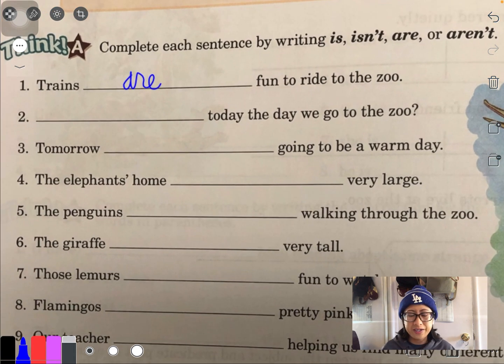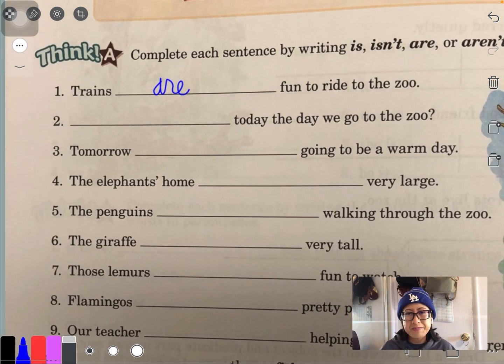I kind of want to just make it different this time around. Okay, number 3. Tomorrow is going to be a warm day, or tomorrow are going to be a warm day. Well, I hope we heard it when I said it out loud. Is. Now, again, if you want to say it's not, you can certainly say tomorrow isn't going to be a warm day.